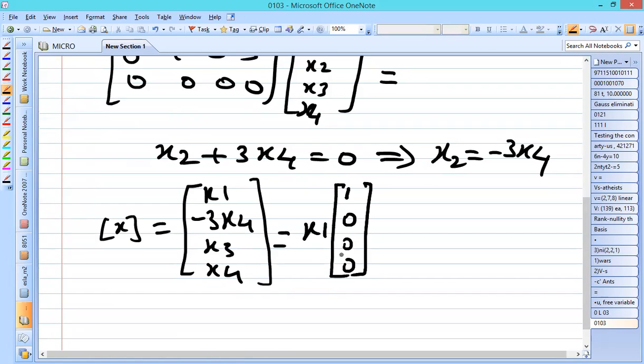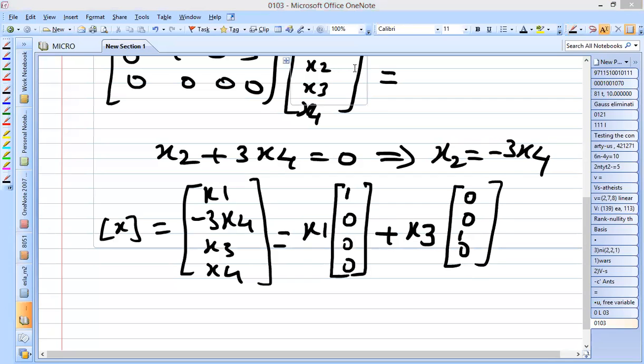The remaining values are 0. Plus we'll write for x3 and x4. x3 is obtained by having the elements as 0, 0, 1, 0. You can see x3 into 1 results in the third element.